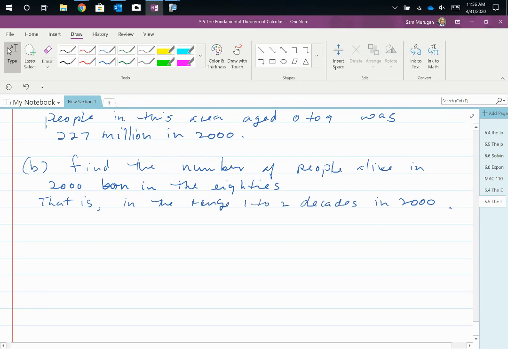So all we're doing here is integrating between 1 and 2, 39.6 plus 2.09x minus 0.882x squared with respect to x. Calculator.